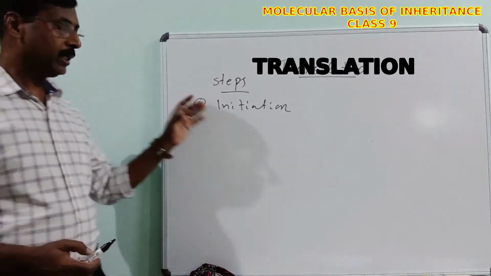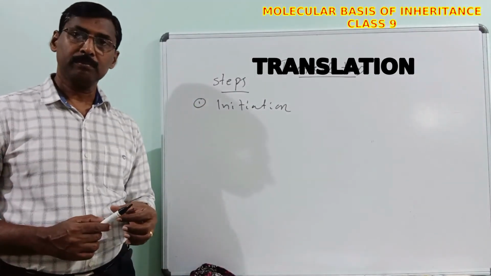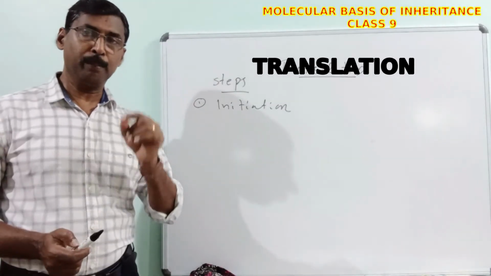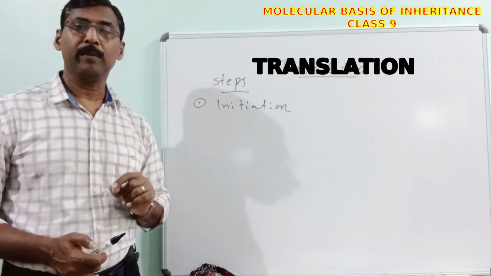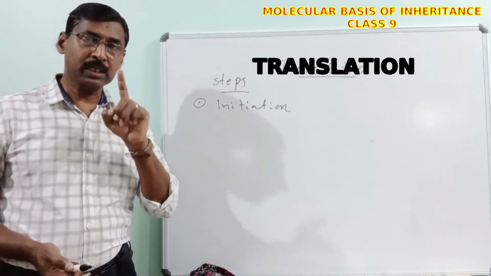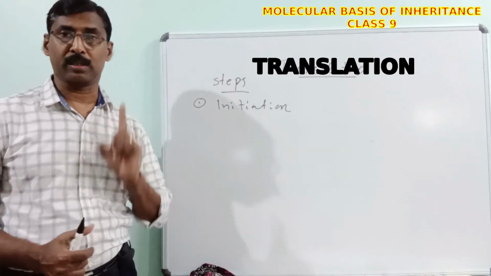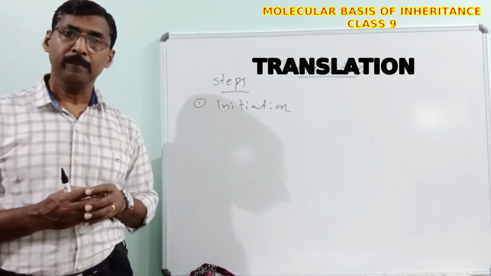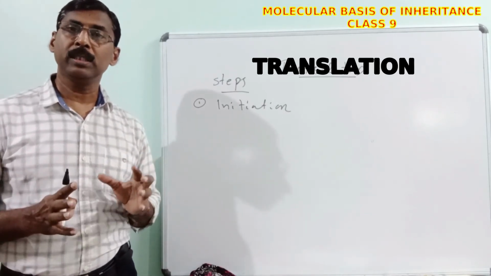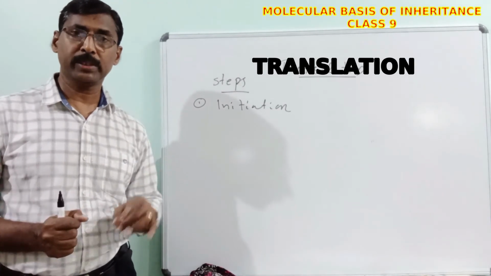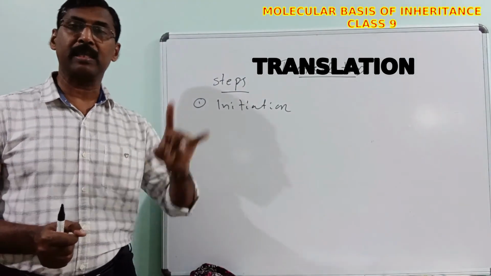Initiation begins when the first transfer RNA carrying the first amino acid comes in. The first amino acid is methionine. So that transfer RNA is called MET transfer RNA.